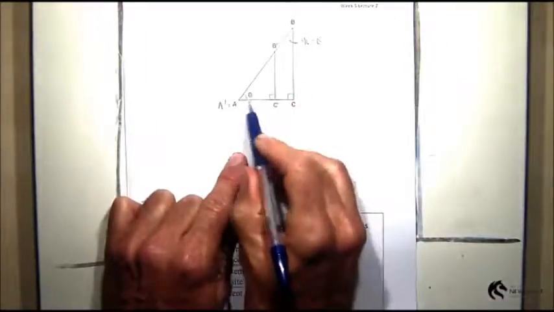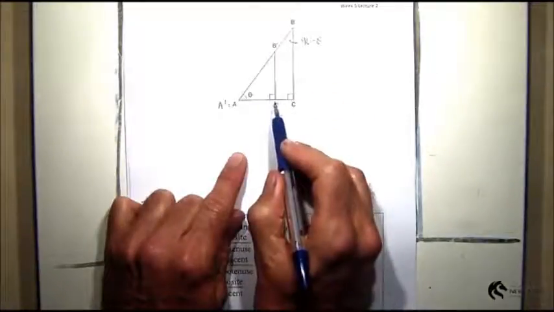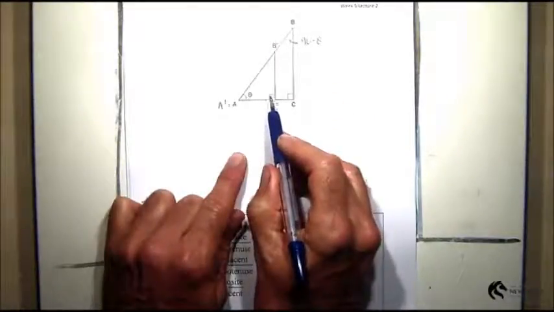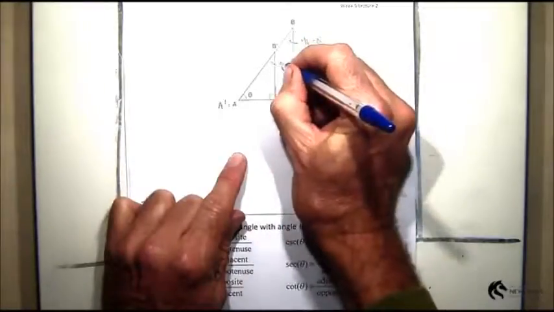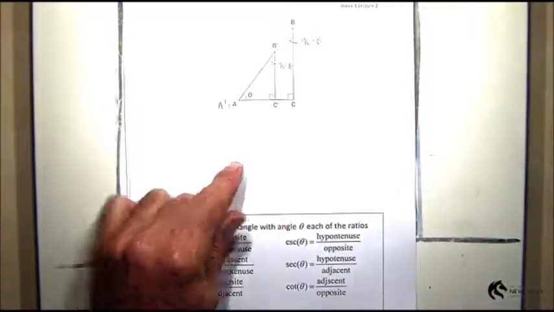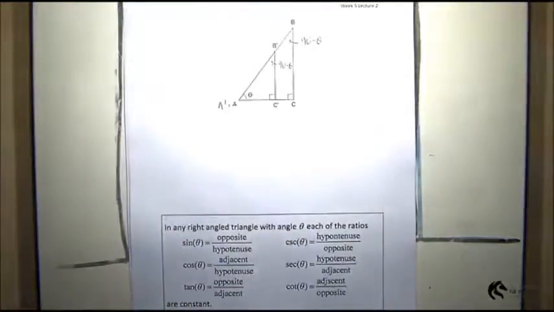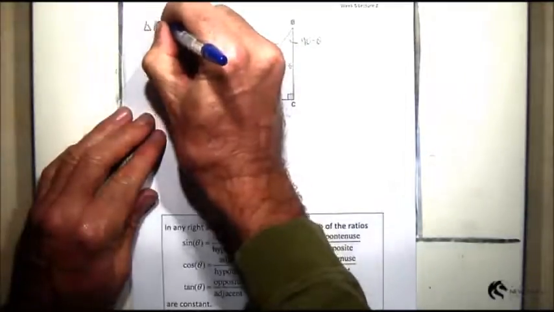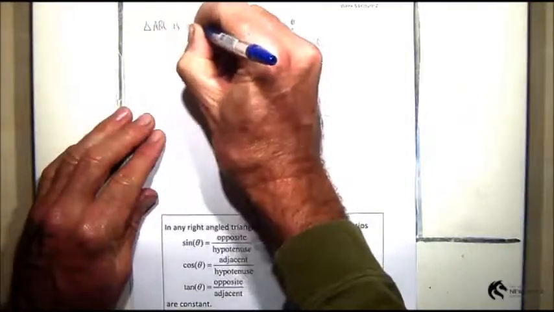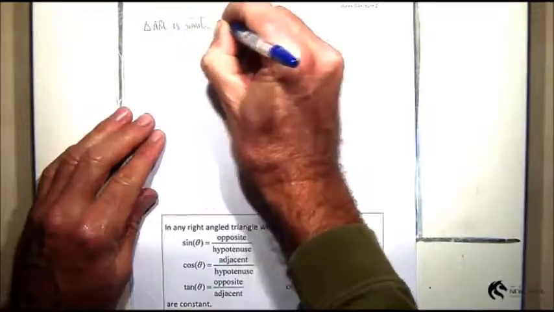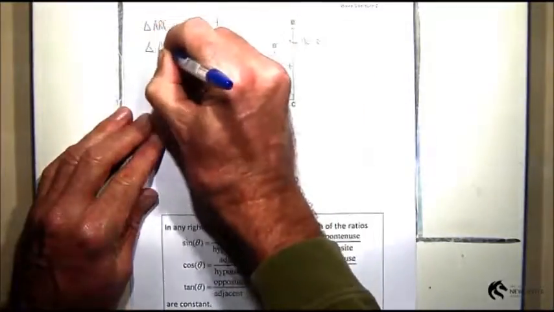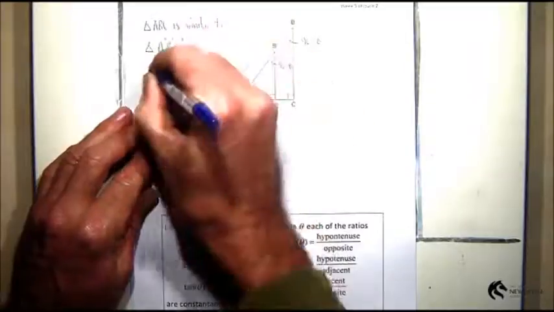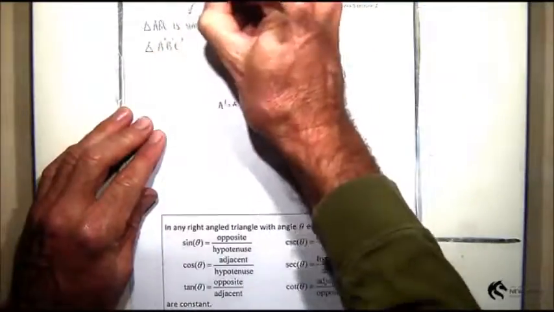Likewise in my little A dash B dash C dash triangle, theta plus 90, so this angle here must also be 90 minus theta. So those 2 triangles are indeed similar. So triangle ABC is similar to triangle A dash B dash C dash. And by is similar to, I mean have the same angles.